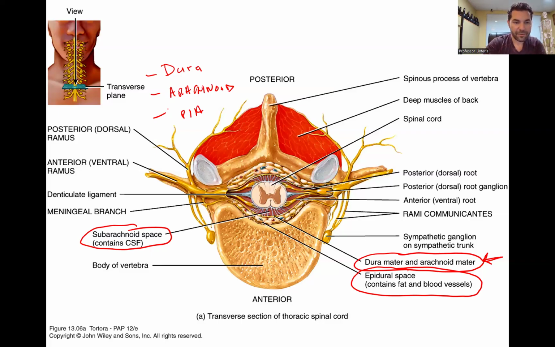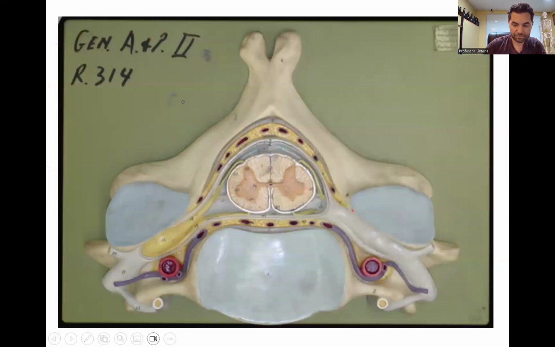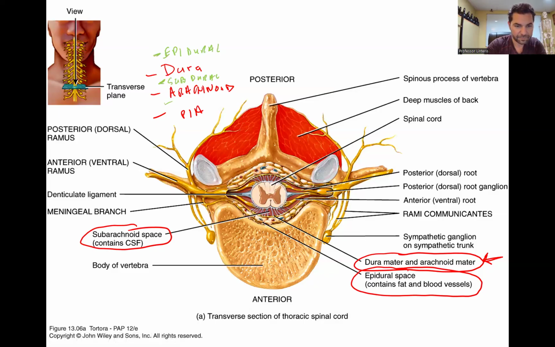So we'll just slide that out of the way. Outside of the dura matter, we will have an epidural space. We will have a subdural space. And underneath the arachnoid matter, we will have a subarachnoid space. Sorry, trying to write really small.